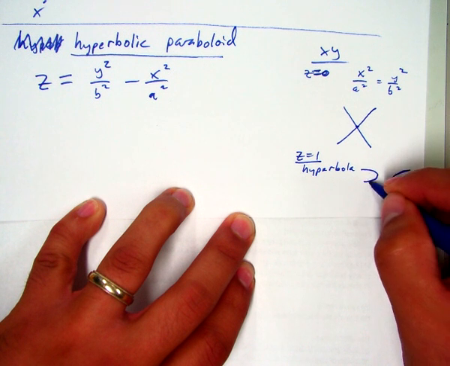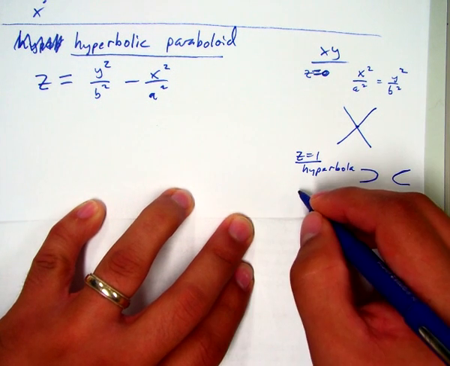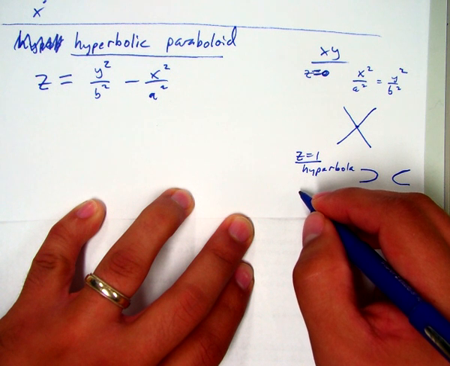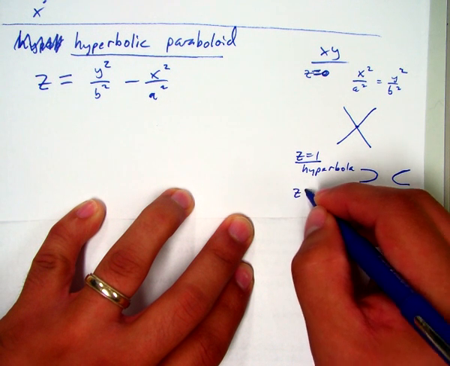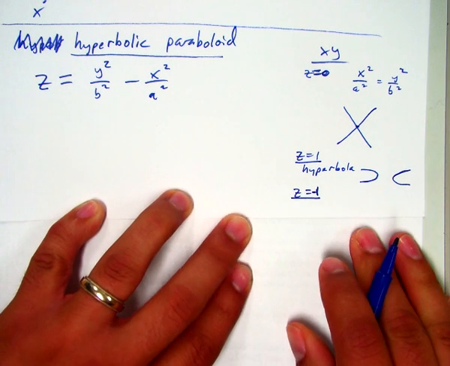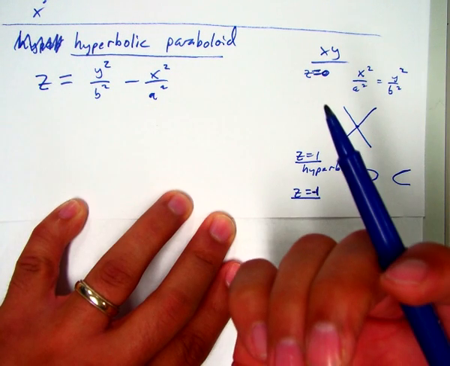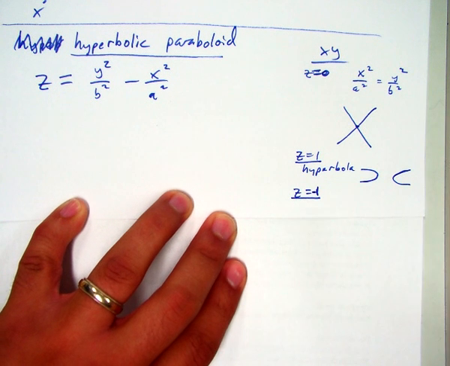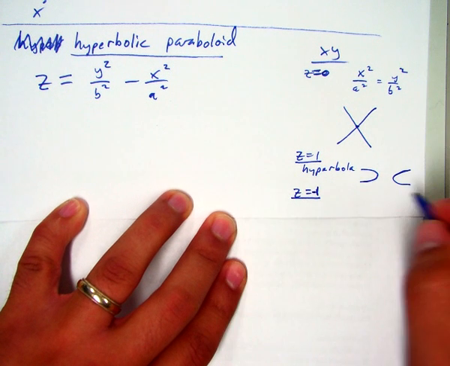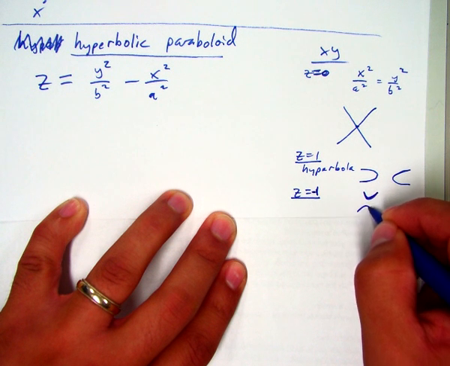So the hyperbola would actually be opening in the y direction. Does that make sense? But now if I go down, this is what creates this very interesting shape. If I plug in -1, the only thing that happens is that the terms switch signs, right? So it's still a hyperbola, but now it opens in the x direction. So now it's going to open forward and backward.